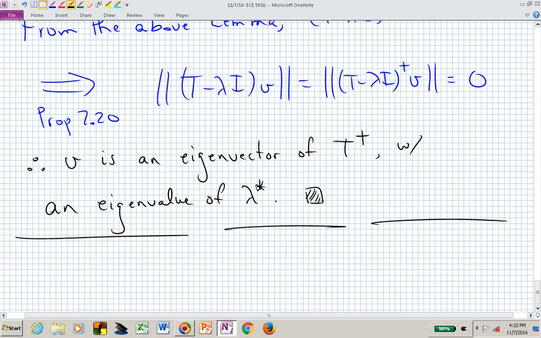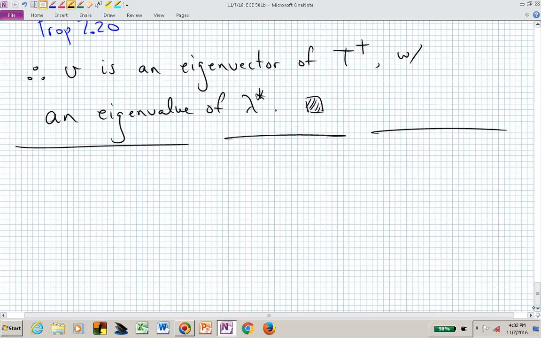Let's look at what happens to the relationship between eigenvectors when we have distinct eigenvalues when we have a normal operator.